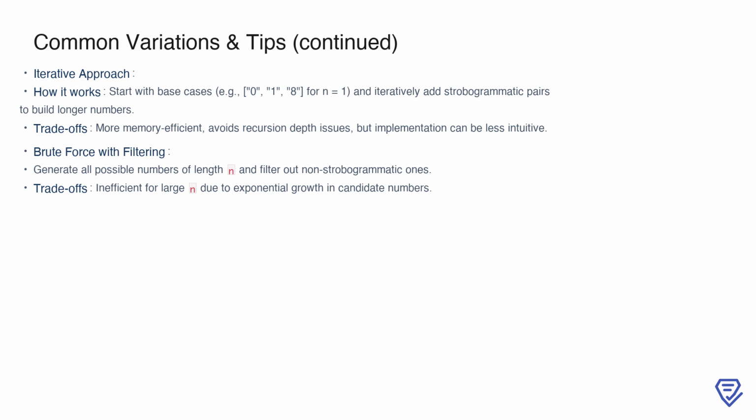Another technique, though less practical, is brute force with filtering. This involves generating all possible numbers of length n and filtering out those that aren't strobogrammatic. While this approach is simple conceptually, it's highly inefficient for larger n because the number of candidate numbers grows exponentially. As a result, it's generally not recommended unless n is very small or time complexity isn't a concern.